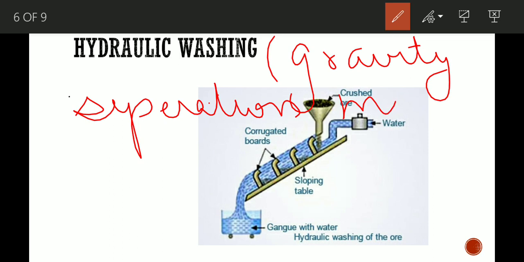This method is employed to purify heavier ores such as oxides. Now oxides are heavier ores. Examples I can give you are hematite, tin stone, etc. And carbonates also, like calamine, and many more examples of carbonate ores are there. And native gold, which is again a heavy ore.